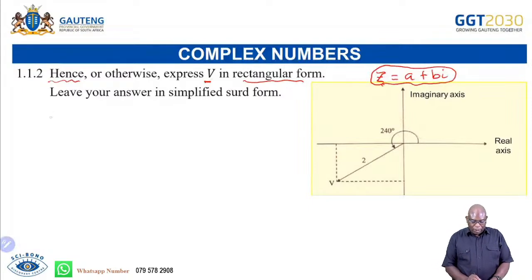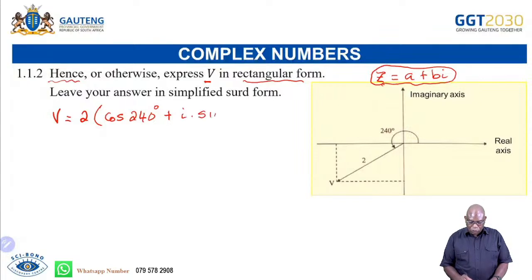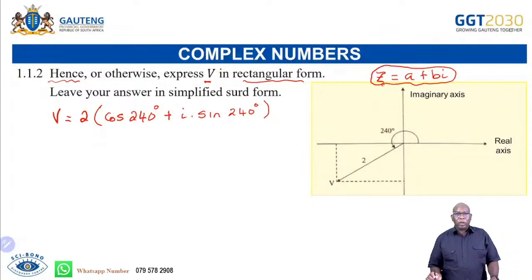So remember, we're having our V, it's equal to 2 into the cos of 240 degrees plus I times sine of 240 degrees. So what do we need to do here? We just need to get the cos of 240 and the sine of 240.